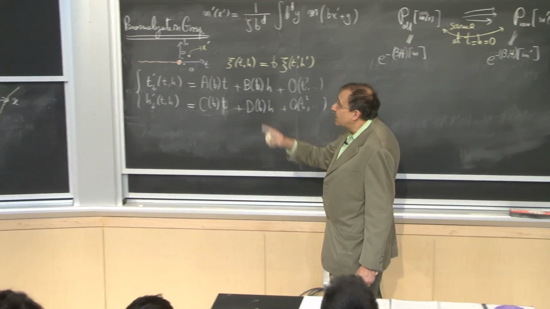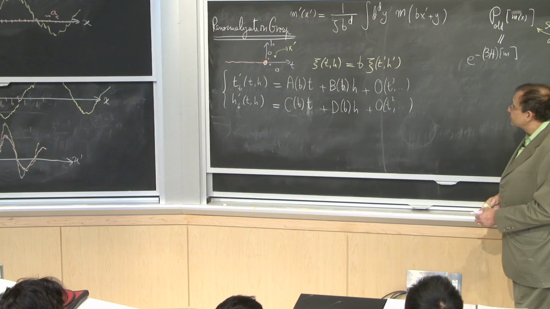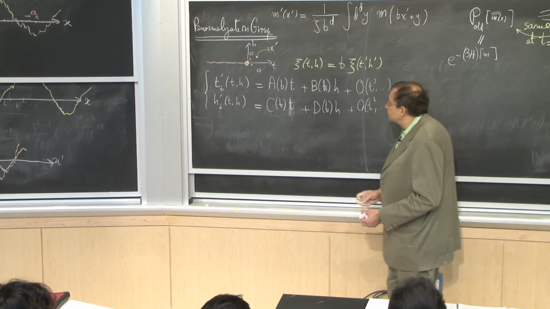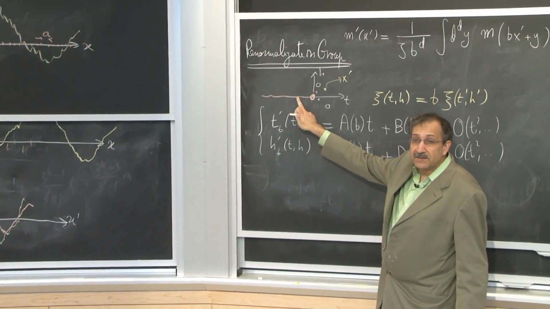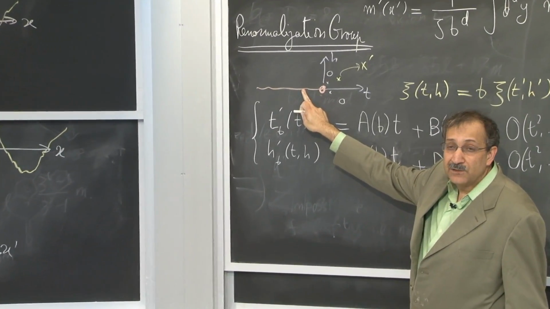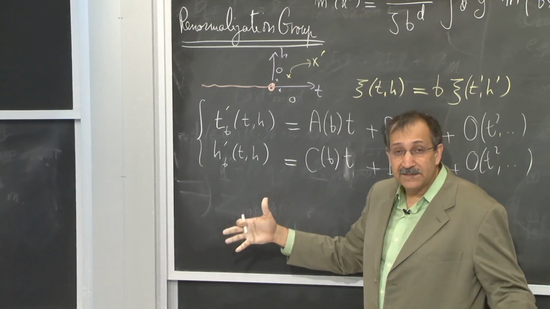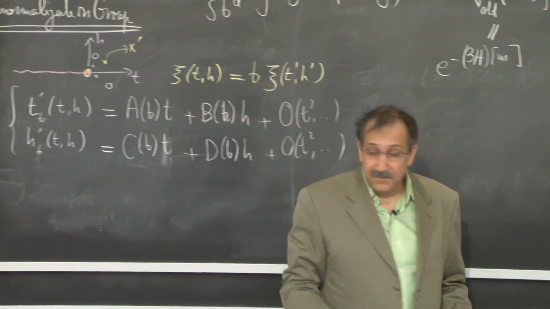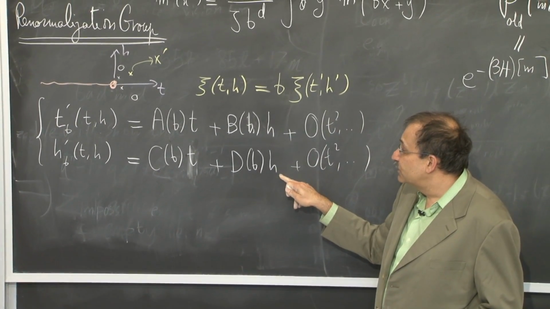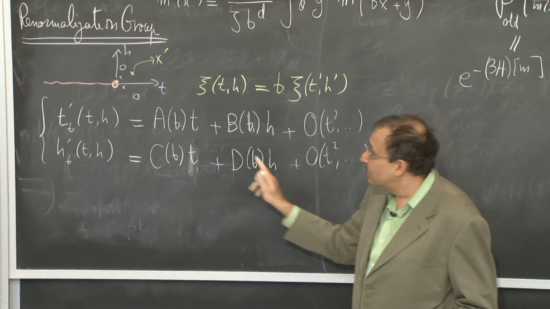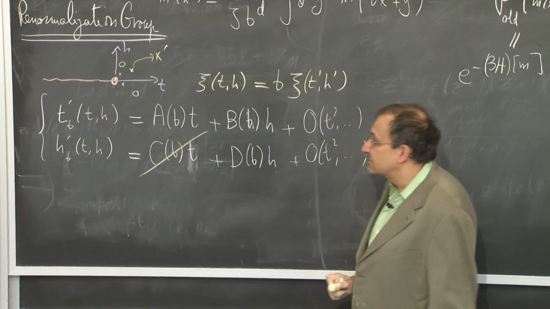Now, if I have a structure such as the one that I have over there, I also know some things on the basis of symmetry. Like if I'm on the line that corresponds to h equals to 0, there is no difference between up and down. Under rescaling, I still don't know the difference between up and down. So I should not generate an h if h was originally 0 just because t deviated from 0. So by symmetry, that has to be absent.